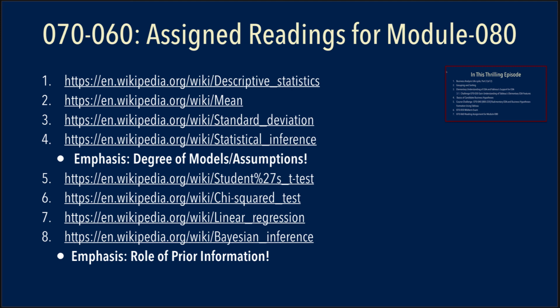In the statistical inference article, please emphasize your understanding of the degree of models and assumptions. Very important. Please become familiar with the student t-test, chi-square test, linear regression, and Bayesian inference, not to make you an expert in Bayesian inference, but the important part is to understand the role of prior information.